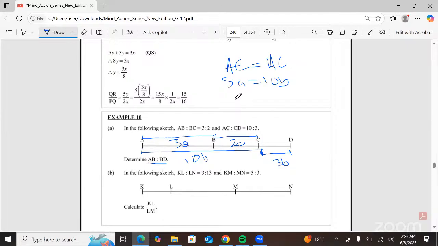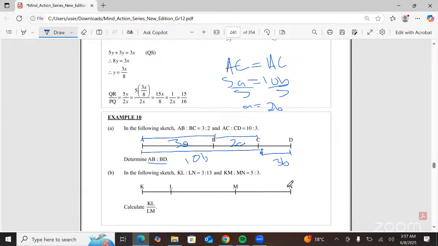Then we divide both sides by 5, which gives us A is equal to 2B. Yes, 2B.